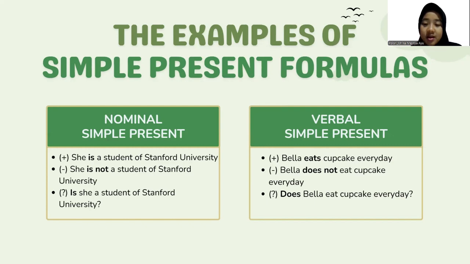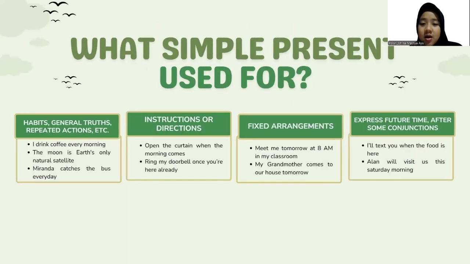Okay? Now, what is simple present used for? Actually, as I mentioned in the beginning, there are a lot of things that simple present is used for. In this case, I have four things to remember here.